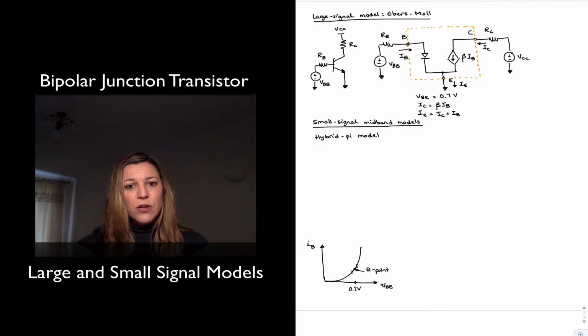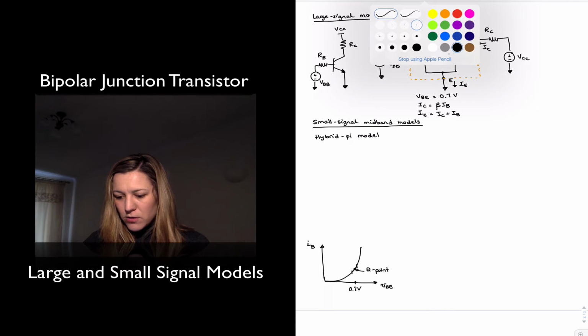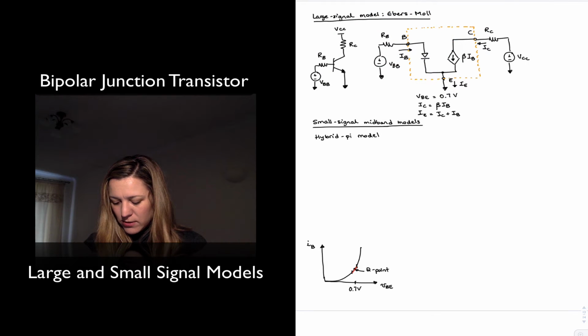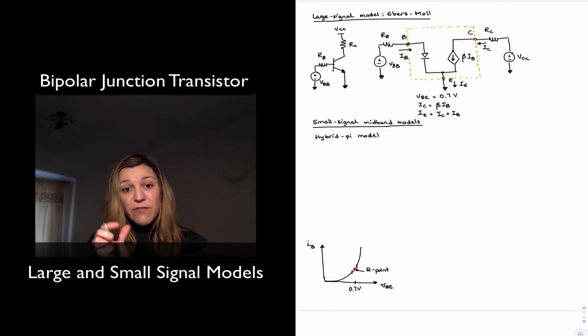It's just millivolts superimposed on top of that 0.7 volt Q point. And so this is what it's going to look like. I'm going to represent it in red. That's what that variation looks like. And you can see how, if the AC signal is small enough, if that variation is small enough, it approximates a straight line. And that will be the behavior of a resistor, a linear relationship between voltage and current.